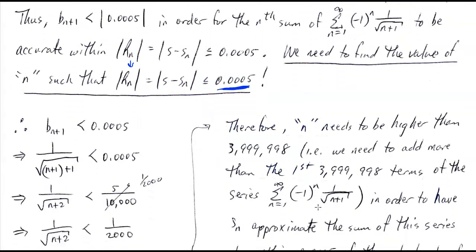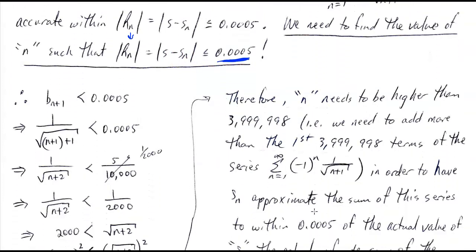So to force it to actually be within that, I'm going to drop the equal to part of the less than or equal to and just make it less than. So whatever this is, its value is going to have to be less than 5 10,000ths to make that happen.